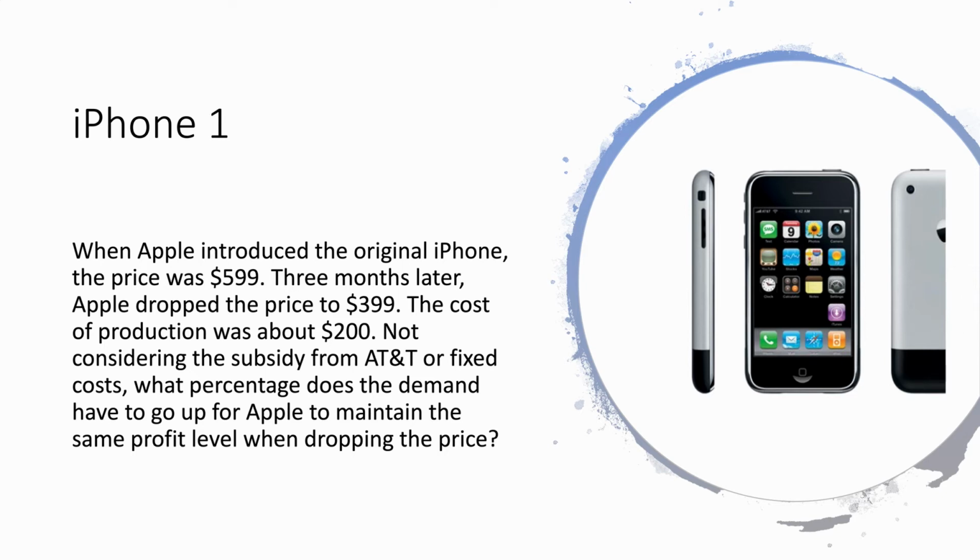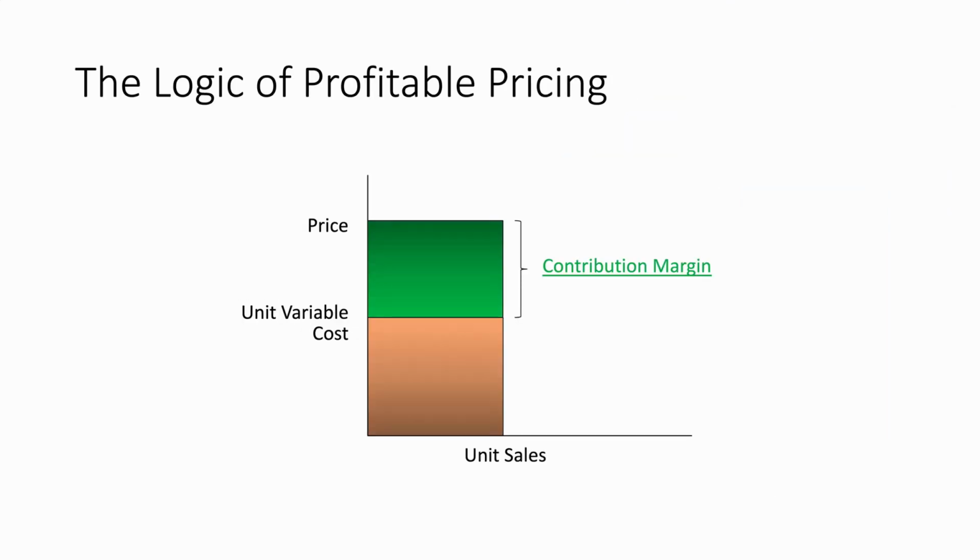In order to do this calculation, first let me show you graphically how such changes look. All right, so here's an illustration of how companies make profit. The horizontal axis is unit sales, and the vertical axis is unit variable cost and the price.